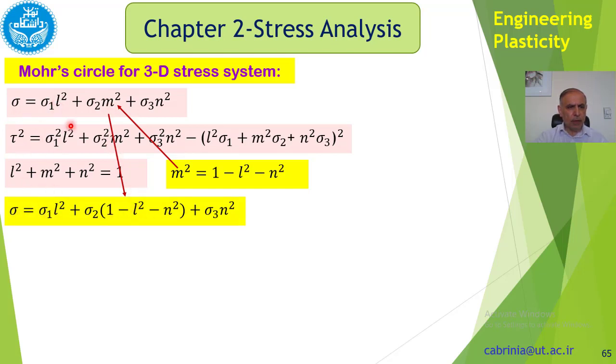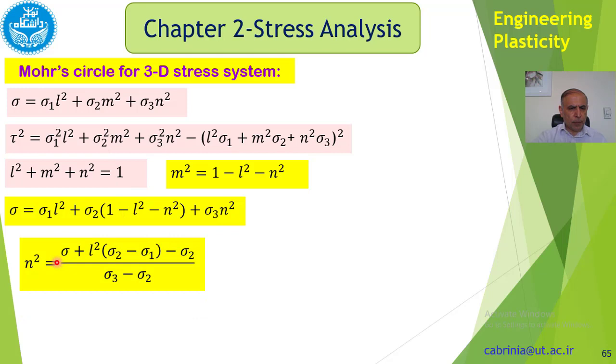Sigma is equal to sigma 1 L squared, sigma 2, instead of M squared, I've written 1 minus L squared minus N squared, put it in the parentheses there, and then I could get N squared in terms of L squared. Other terms are known, because I said sigma 1, sigma 2, sigma 3 are known, and sigma also is, we will draw the Mohr circle to find out.